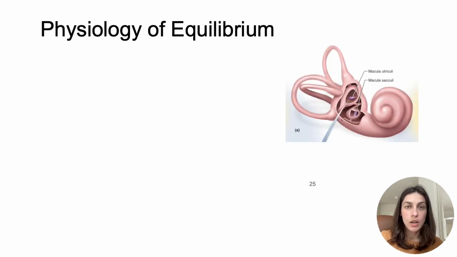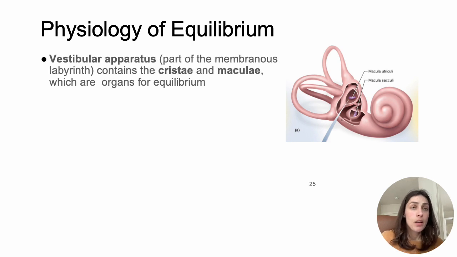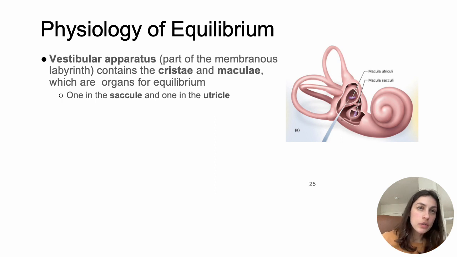Okay, I'm going to talk just a little bit about the physiology of equilibrium. We talked about the vestibular apparatus. Right? The vestibular apparatus contains the cristae and maculae, which are organs for equilibrium. And one of them is in the saccule and one of them is in the utricle.